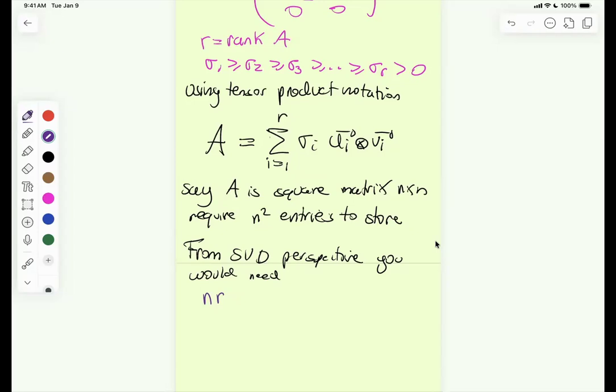You need the n entries of the first vector plus the n entries of the second vector plus the n entries of the third vector, and so on. So you need r times n entries for the u_i's. And you would also need n times r entries for all the v_i's, so you would need n times r entries.